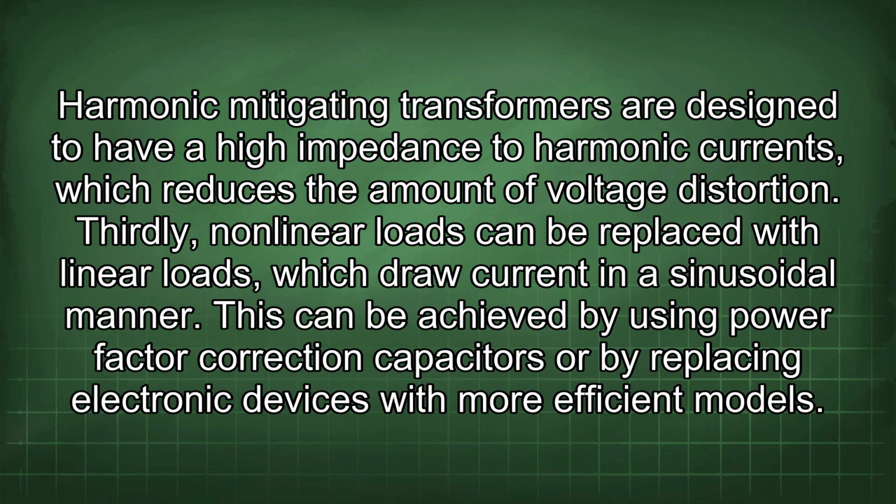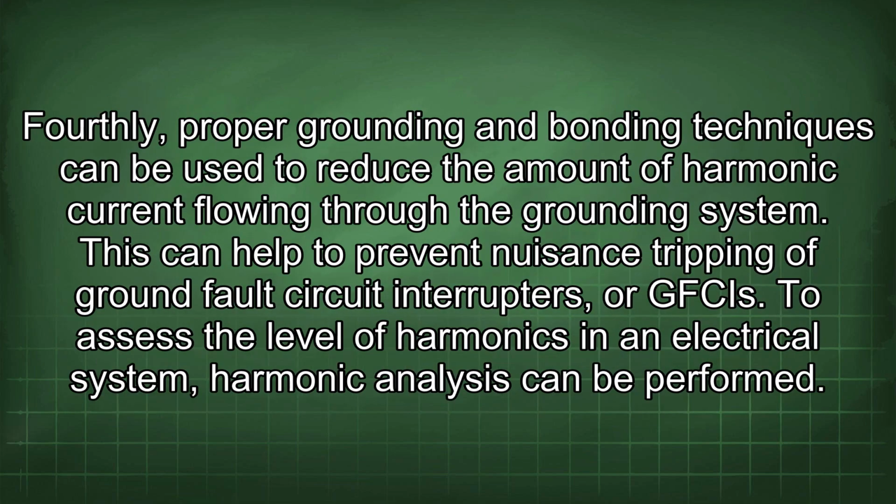Thirdly, nonlinear loads can be replaced with linear loads, which draw current in a sinusoidal manner. This can be achieved by using power factor correction capacitors or by replacing electronic devices with more efficient models. Fourthly, proper grounding and bonding techniques can be used to reduce the amount of harmonic current flowing through the grounding system. This can help to prevent nuisance tripping of ground fault circuit interrupters, or GFCIs.